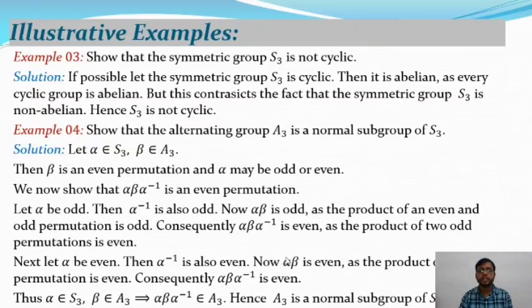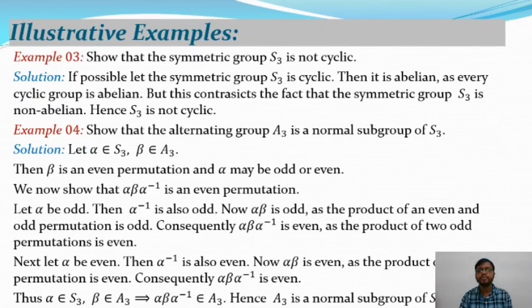So their product, that means alpha beta alpha inverse, is also an even permutation. So thus alpha belongs to S3, beta belongs to A3, and it implies alpha beta alpha inverse belongs to A3. This is an even permutation whether alpha is odd or even.